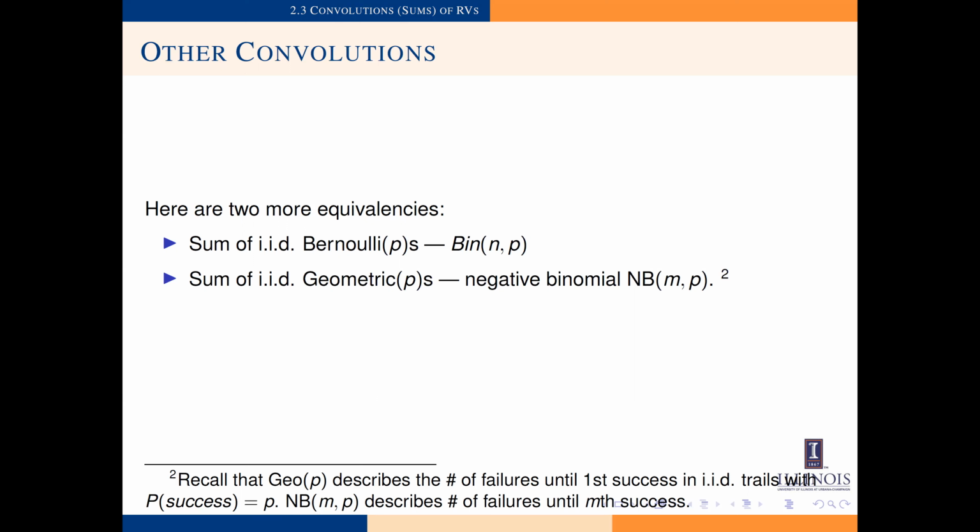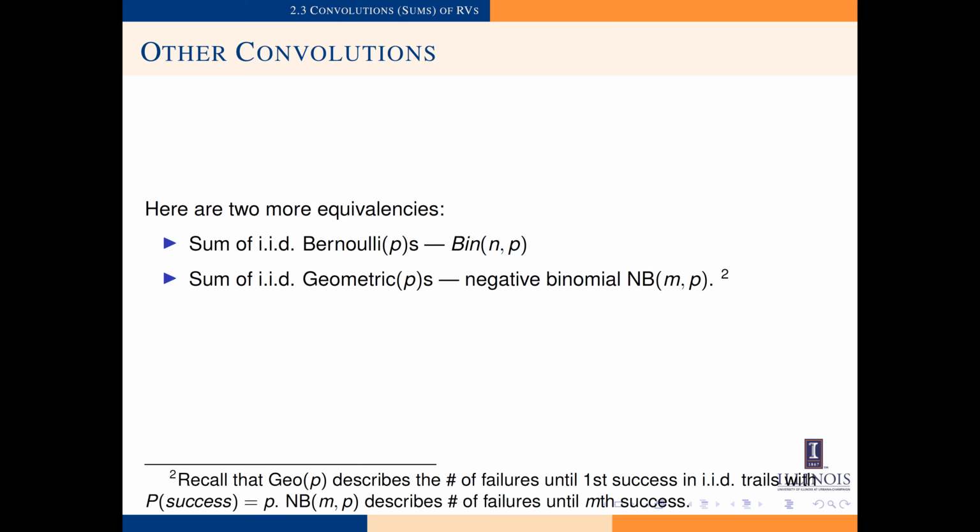Well, the geometric with a parameter p describes the number of failures until the first success. So the number of zeros until the first one in IID trials with success probability p.